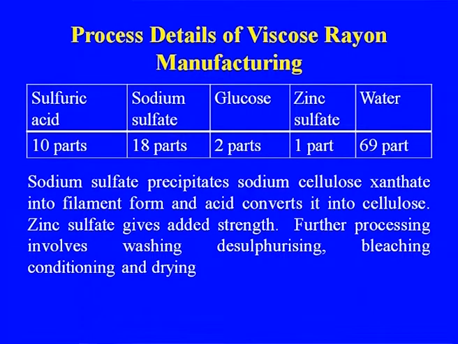Further processing is involved after the rayon or the yarn is formed. So what is the next step? Further processing involves washing, desulfurizing, bleaching, conditioning and drying. Drying and cutting.